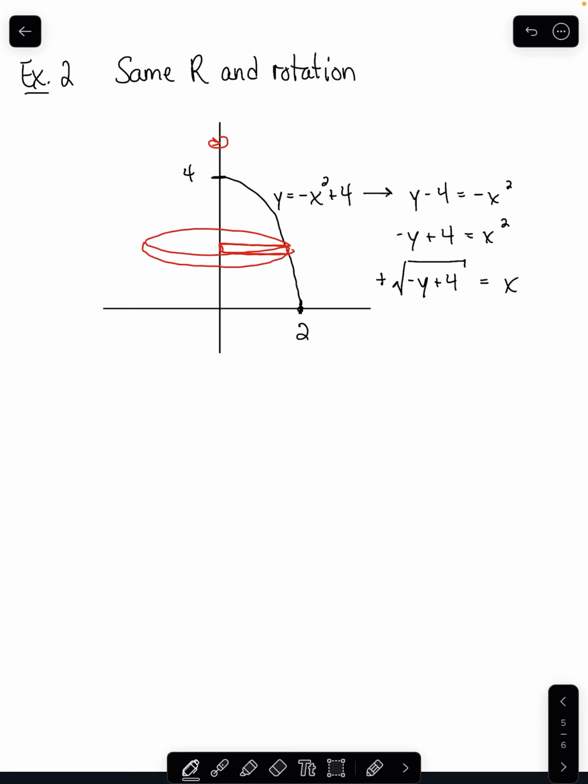So by the disk method, our volume would be given by the integral from y equals 0 to y equals 4 of pi times r, which is negative y plus 4 under the square root, squared dy.